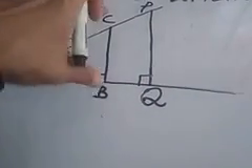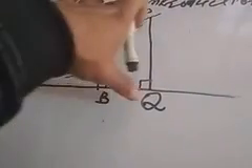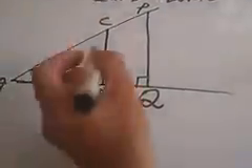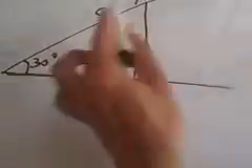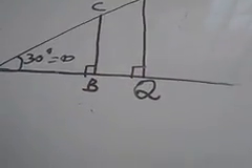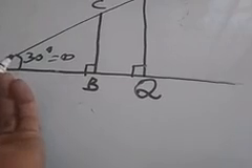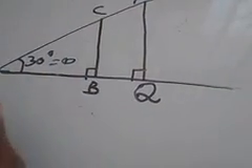In the same way, perpendicular BC, here PQ, so obviously PQ is greater than BC. In the same way, hypotenuse of triangle ABC is AC, and in this triangle hypotenuse is AP. So though the angle is the same, the sides are not the same.